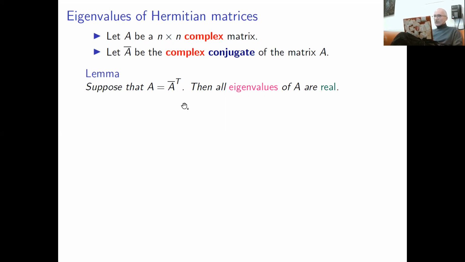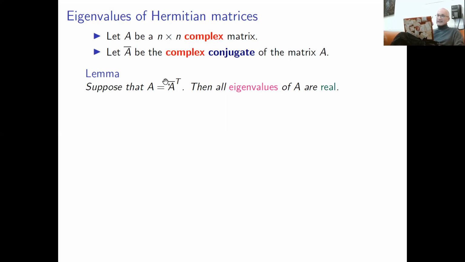Now we suppose a very interesting condition. We suppose that my matrix A satisfies this equality. If you first transpose it, flip around the diagonal, and then take the complex conjugate, or the other way around, it doesn't matter, they commute, then you get back my matrix A. Look, this is a special case of a symmetric matrix.